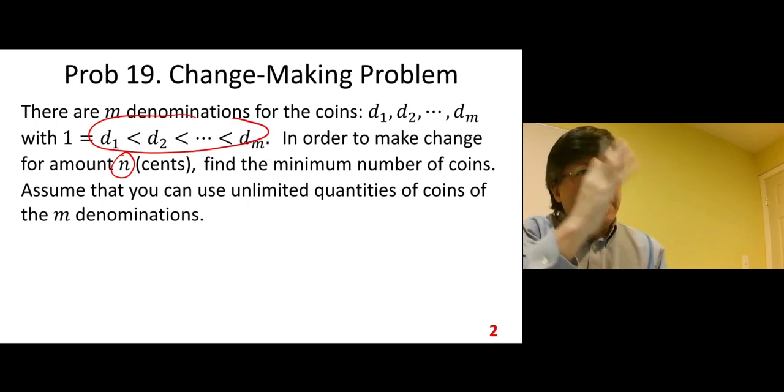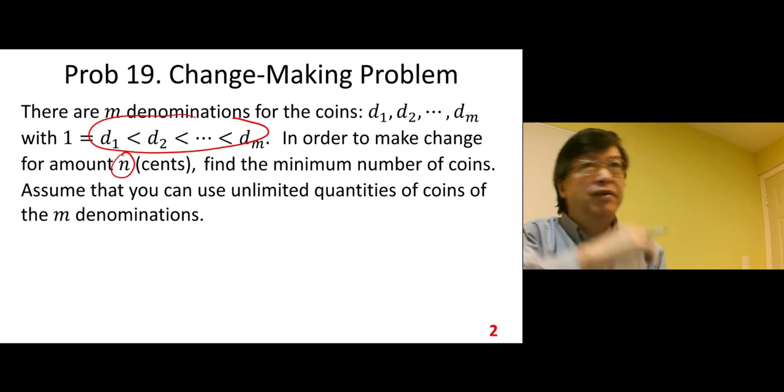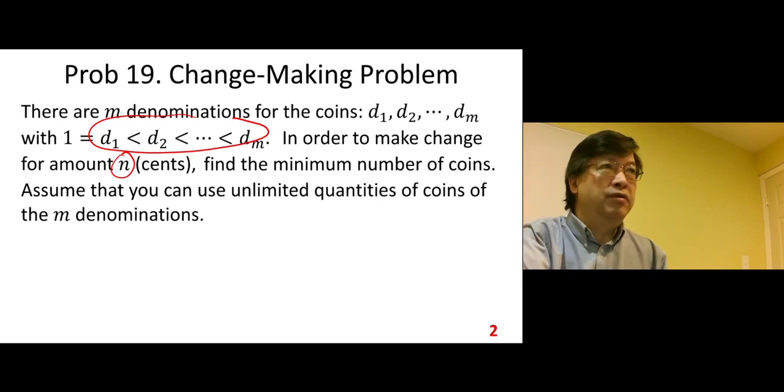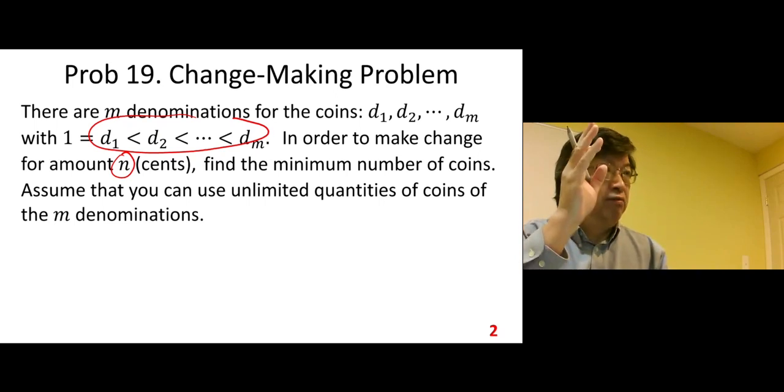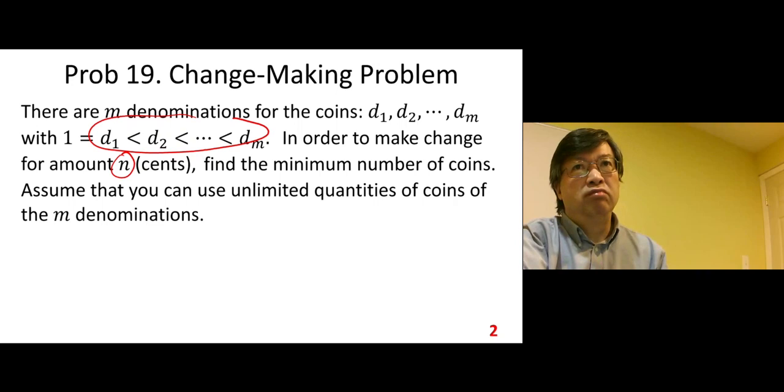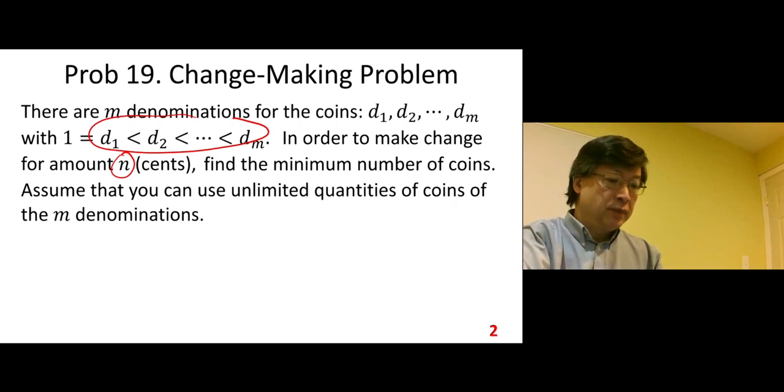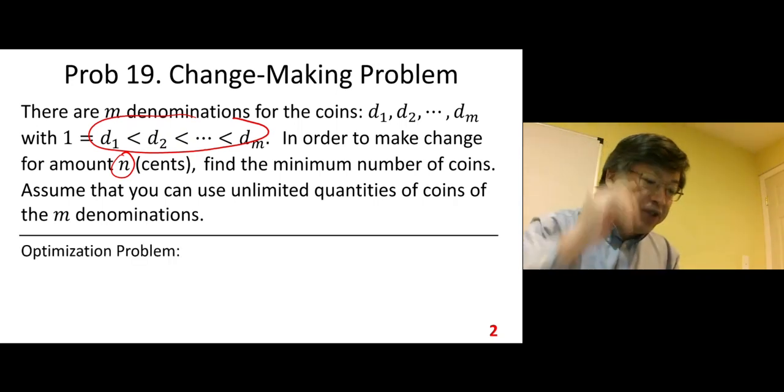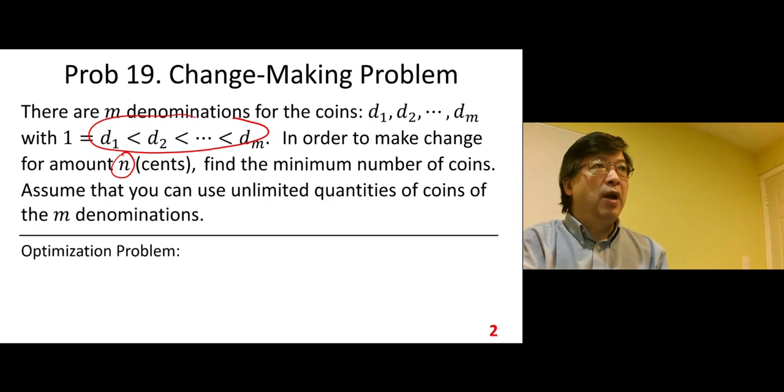You can use 7 D1, 5 D2, an unlimited number of coins, but make sure it is the minimum number of coins. That's the optimality criterion.